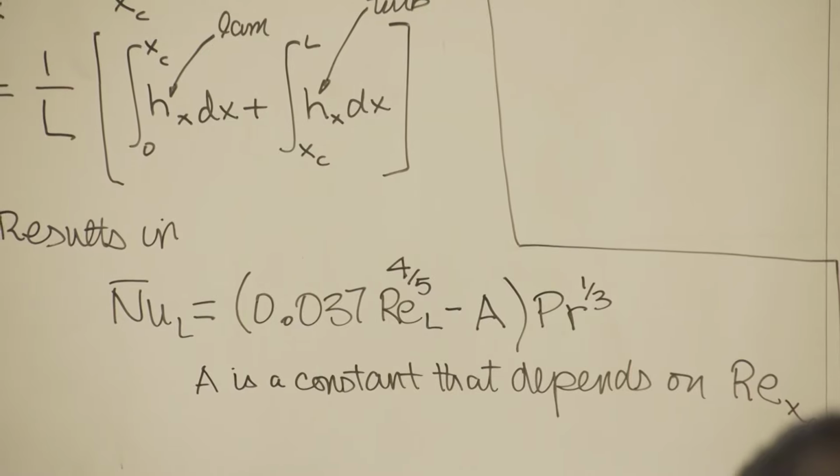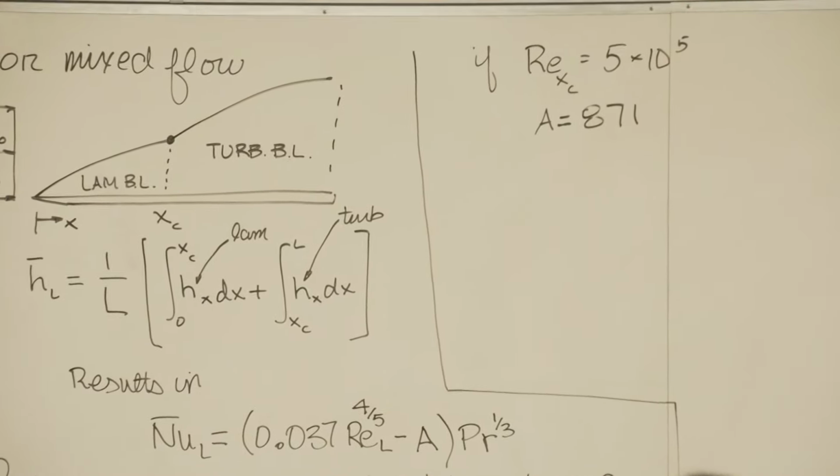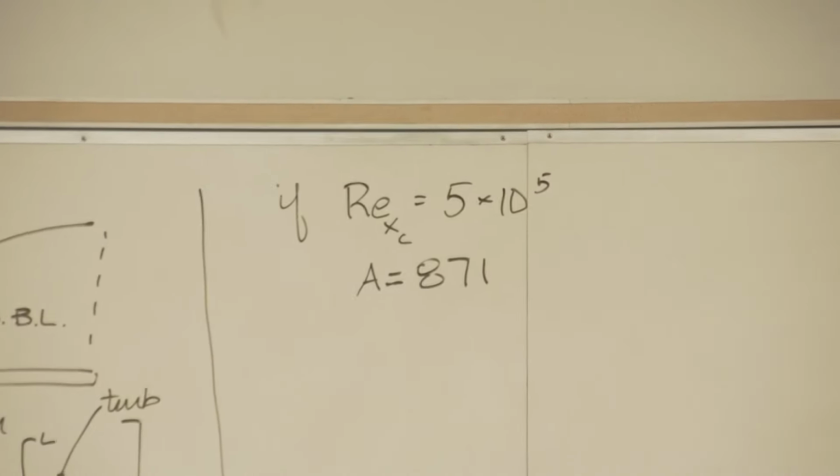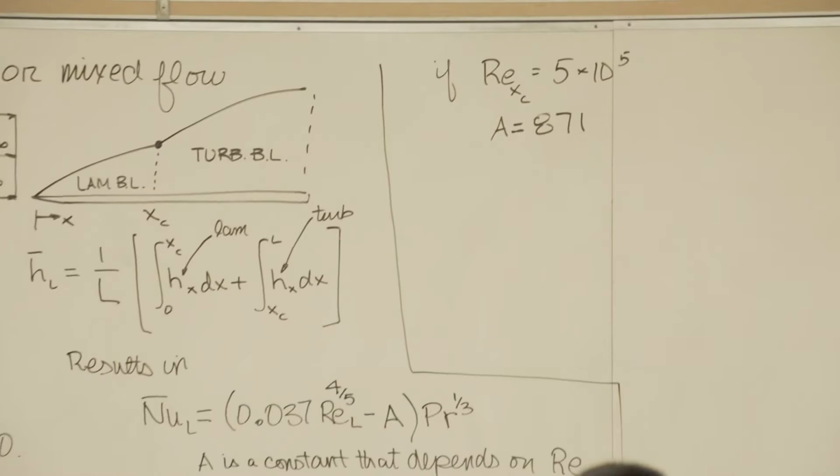We use 500,000. The textbook for homework, for quizzes or exams, we use 500,000. But in the real world, it could be different.